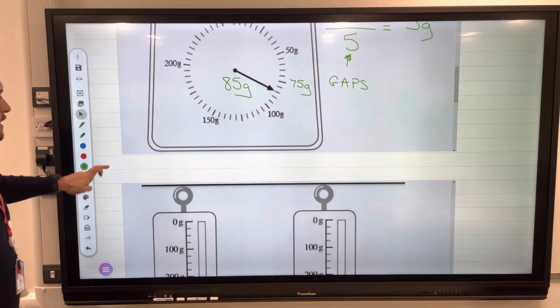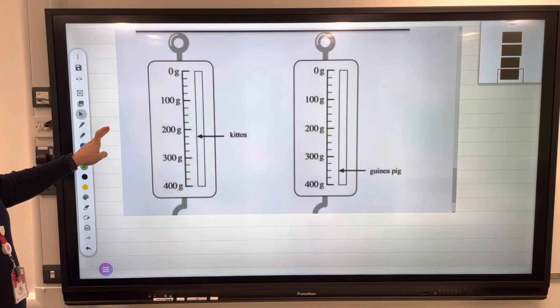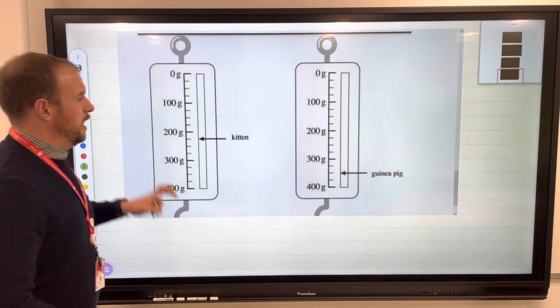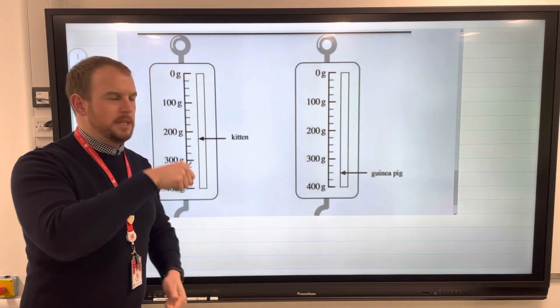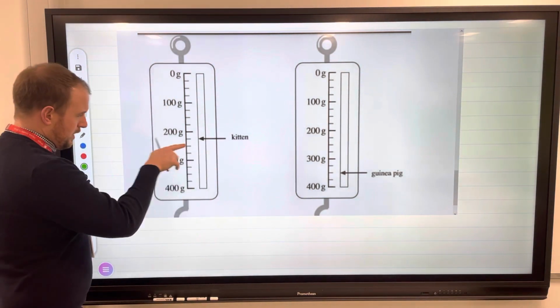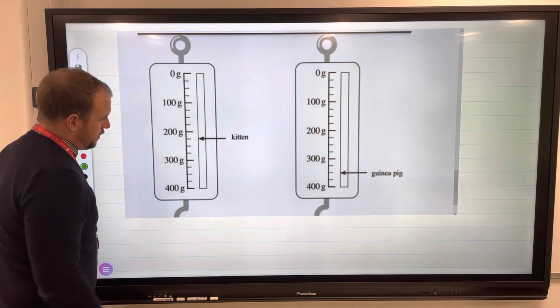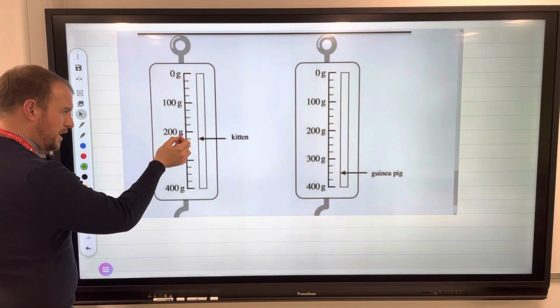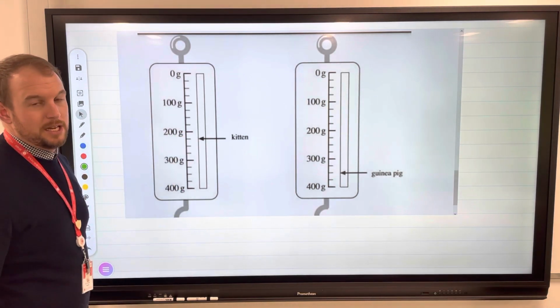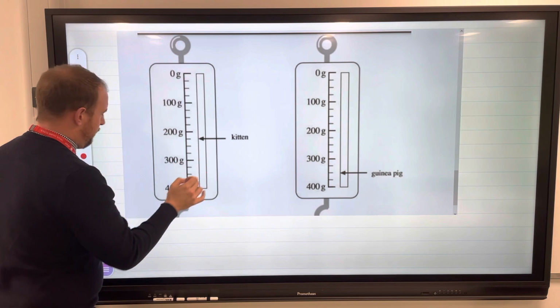Next one then, I think this is the last one. We can see here we have these scales. You might use them in science, little Newton meters, where we have grams on the side here. The weight of a kitten, or the mass of a kitten, shall I say, is on this line here. However, we don't know the value of these little lines. Let's count the gaps. 1, 2, 3, 4.